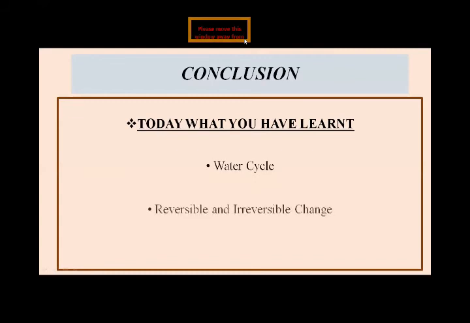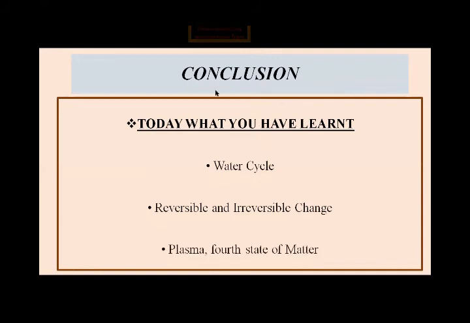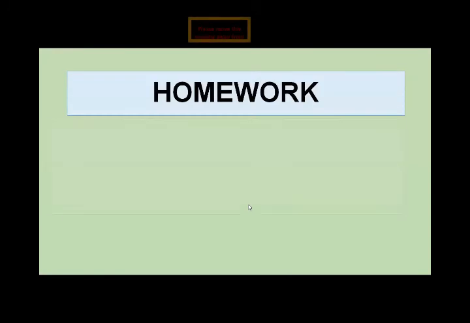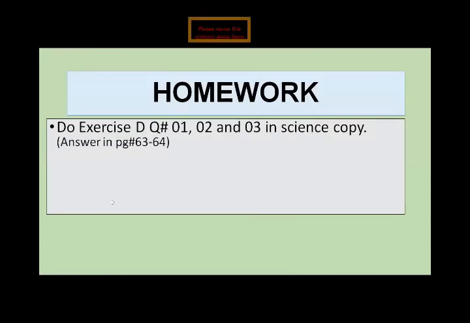We have learned the water cycle, reversible and irreversible change, the fourth state of matter, plasma, and this is your homework. Exercise D, questions number 1, 2 and 3 in your science copy, and the answers are present on pages number 63 and 64.